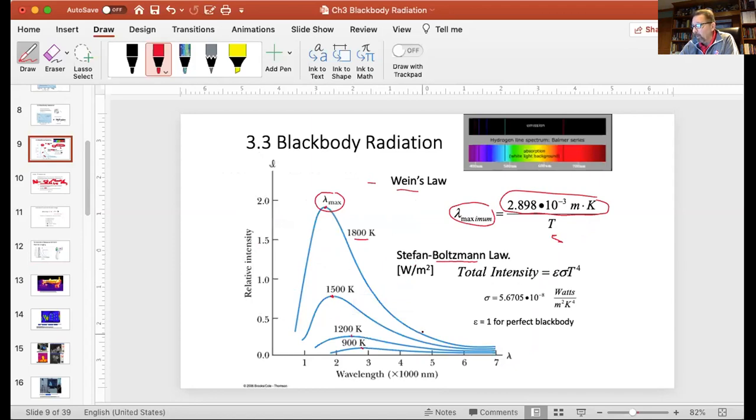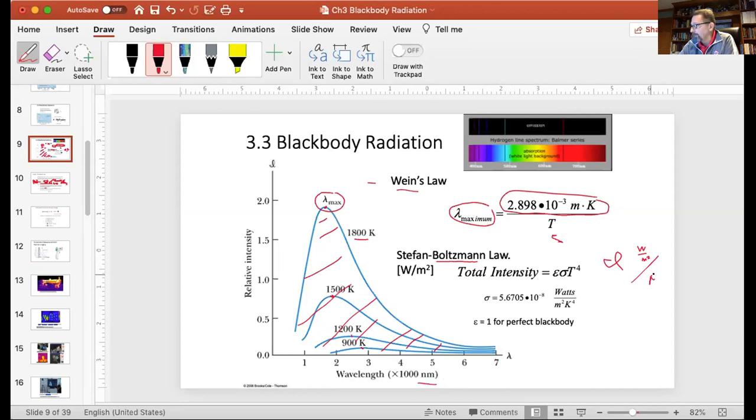He goes, well, what if you find, at say 1800 Kelvin, you integrate, you find the total energy under that curve right there. And it's actually intensity, because remember we said the Planck equation gets you watts per meter squared per whatever you have as the units on your wavelength, whether it's nanometers or micrometers.